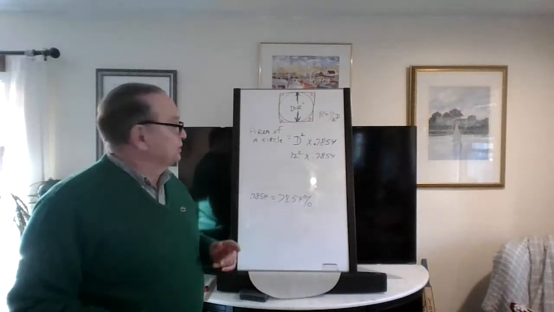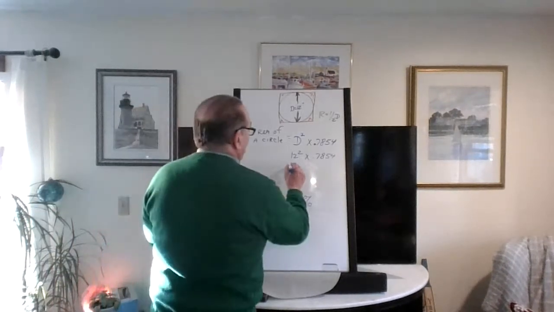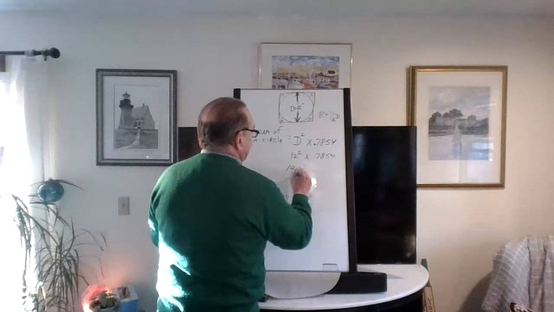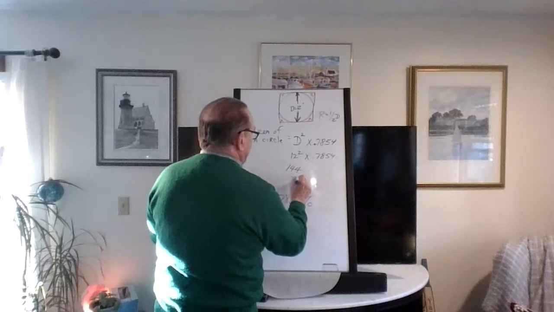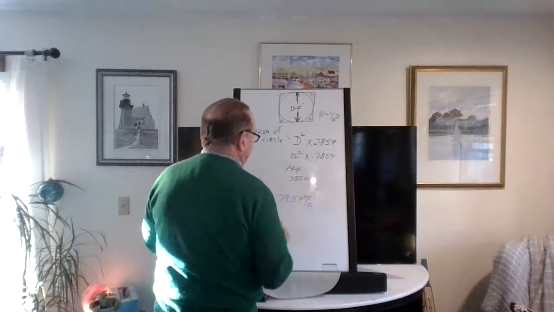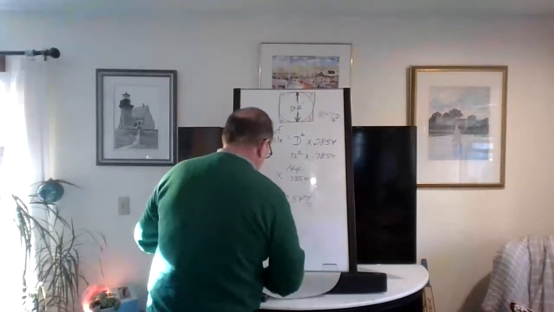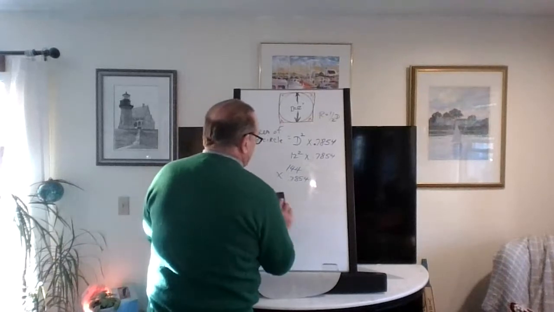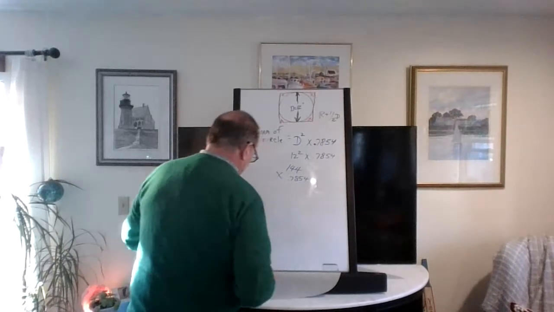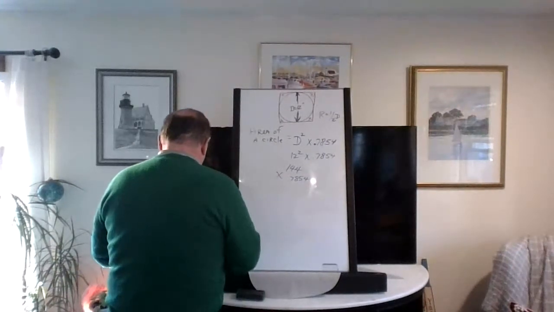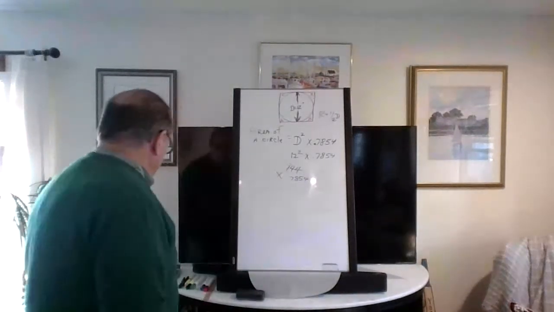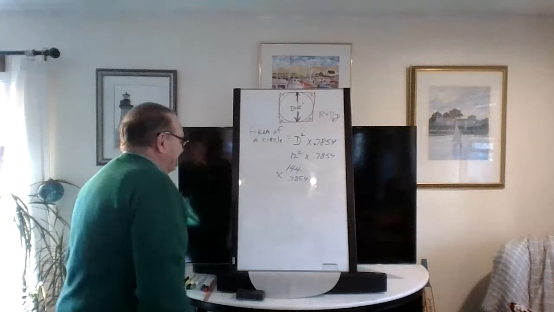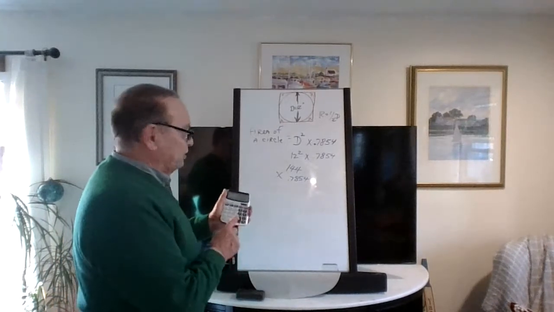Okay? So let's do this. 144 times 0.7854. Okay. Now, I could do longhand, but you know, it's gonna take a while. So let's do this. Here it is. Now that's 113.04.